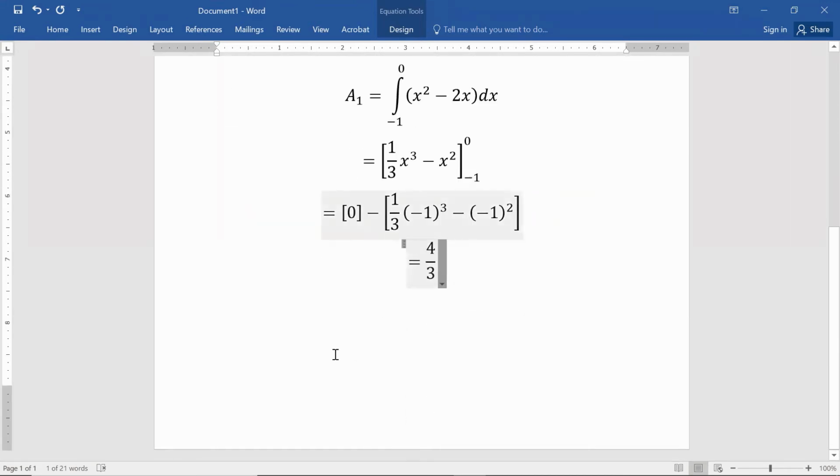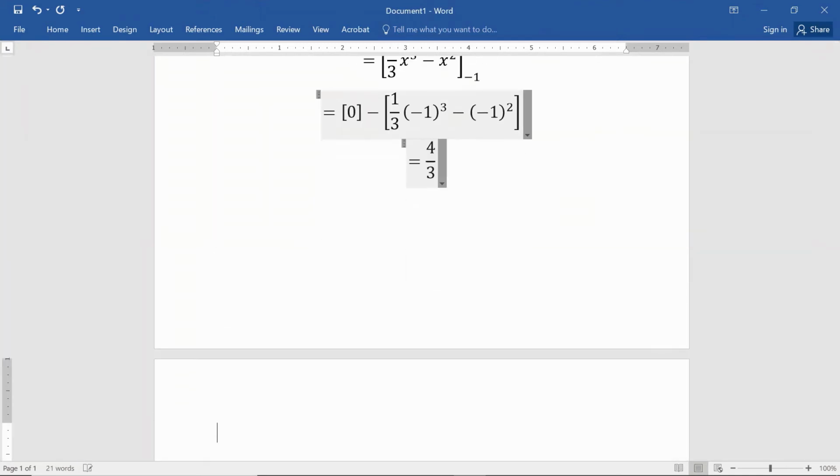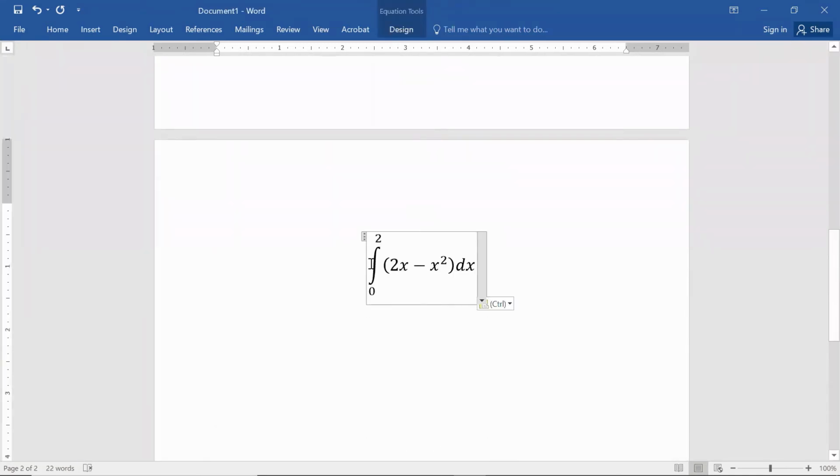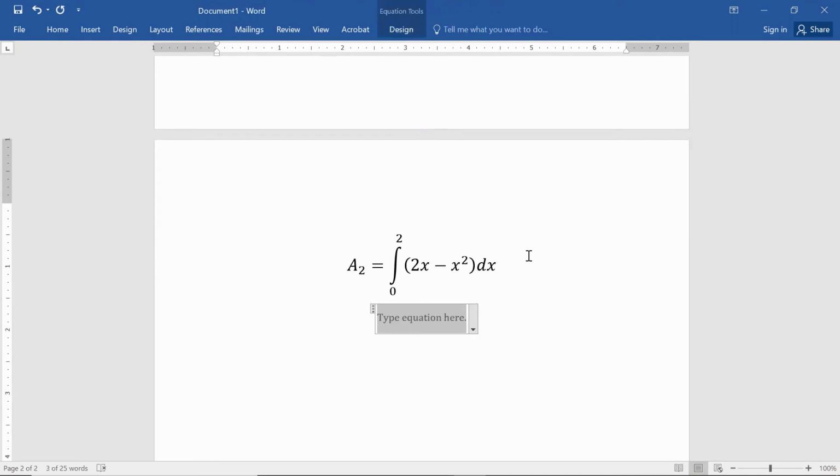Let's take the second integration. I'll call the area we find here area 2. This is going to have a similar antiderivative, although it's going to be swapped in order. I'm going to take x squared minus 1/3 x to the third as my antiderivative, going from 0 up to 2.